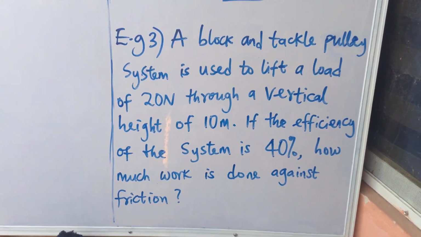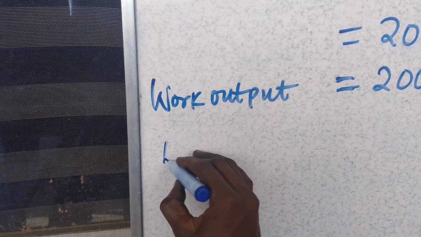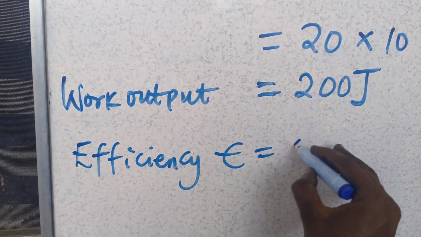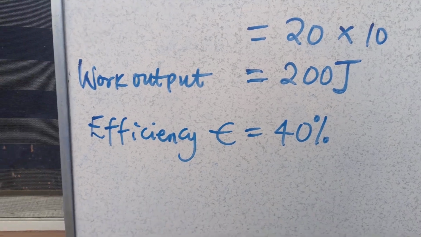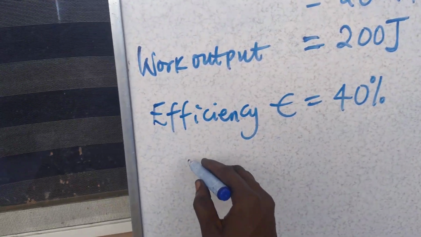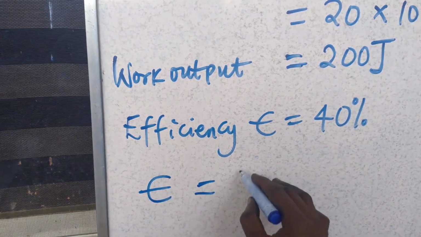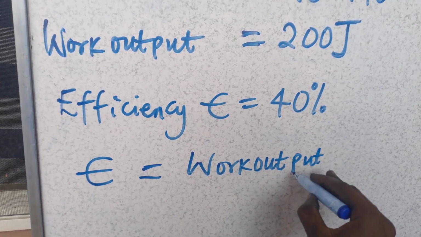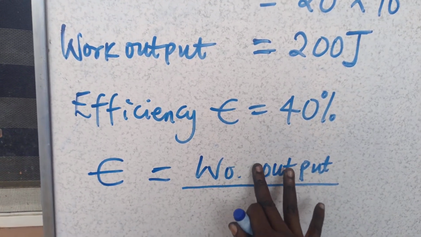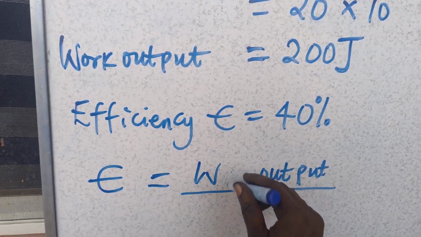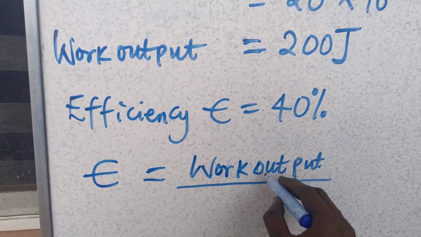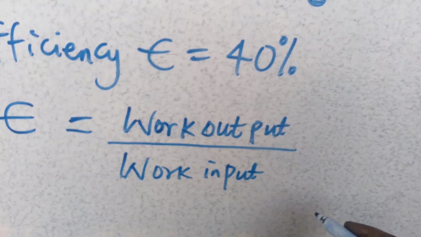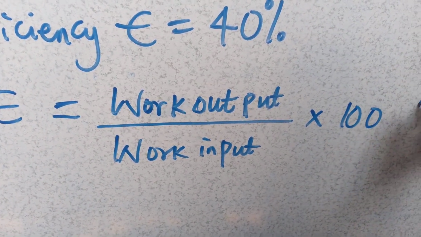It goes on to say if the efficiency of the system is 40%, how much work is done against friction? So we are told that the efficiency of the machine is 40%. How much work is done against friction? So we say efficiency E is equal to work output over work input times 100, measured in percentage.